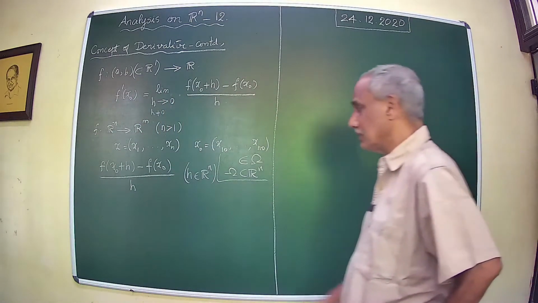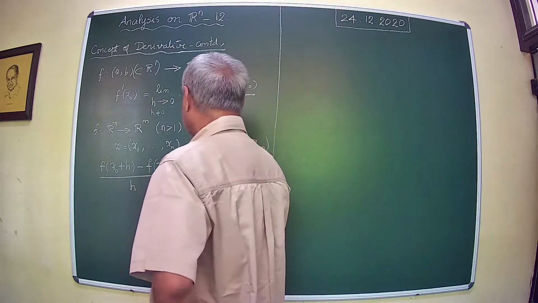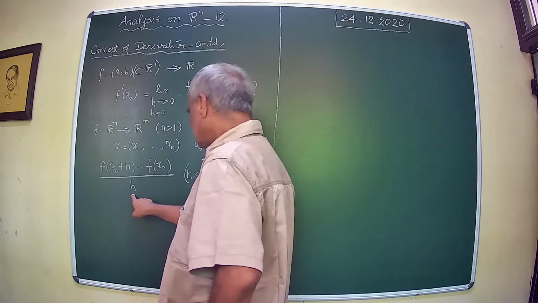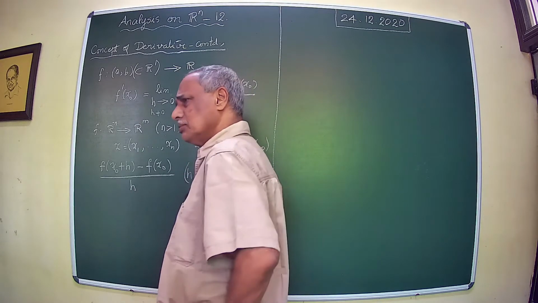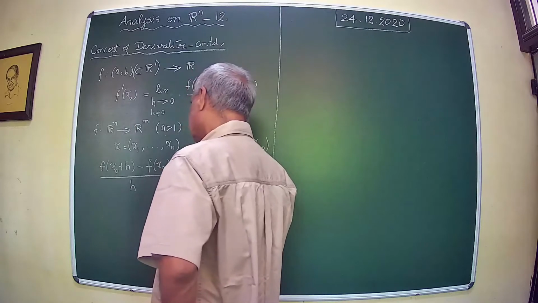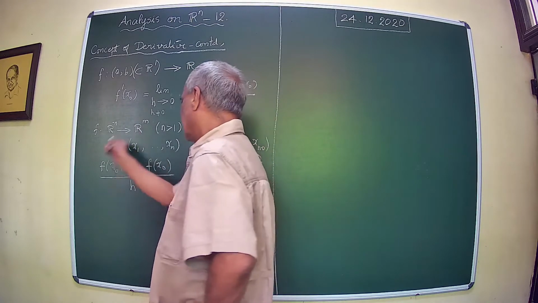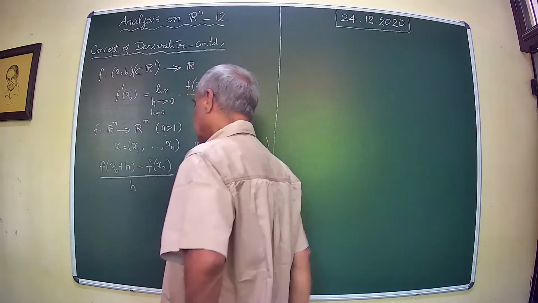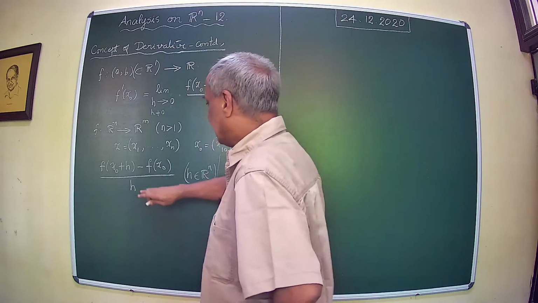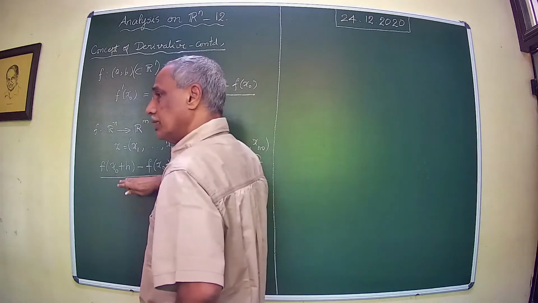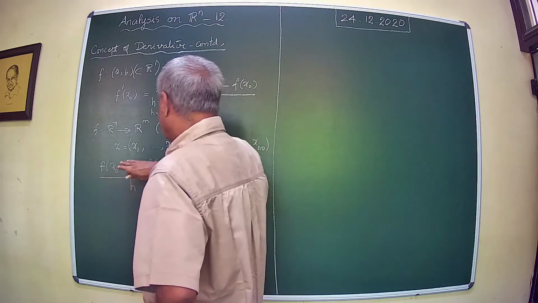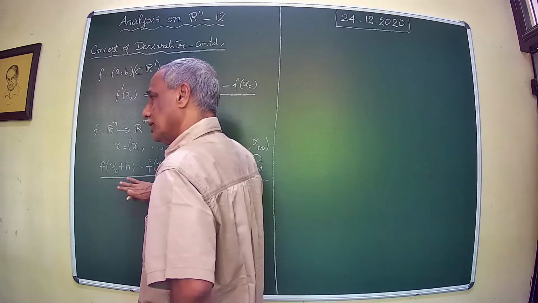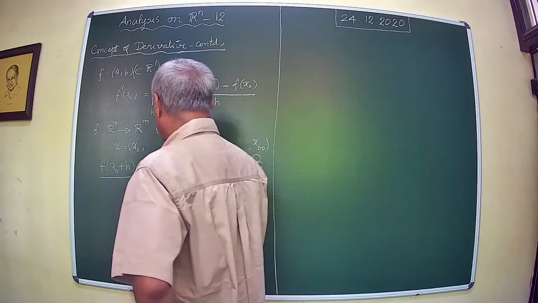This is of course a vector in Rn, and you are dividing by h and letting h tend to 0, asking for this limit as we did here. But then you find that it does not make any sense to divide a vector in Rn by a vector in Rn. This is not defined at all. So there is a difficulty.